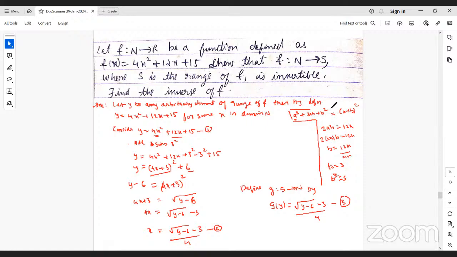So the next step. Two steps are there now. Further we need to do two more steps. First we need to find G composition F, and then we need to find F composition G. So we need to show G composition F and F composition G. Here we will continue with the first part.